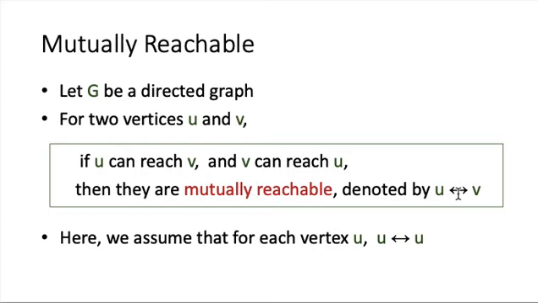We will use a two-pointed arrow symbol to represent that u can reach v, and v can reach u. We also assume that each vertex can reach itself, so it is mutually reachable to itself.